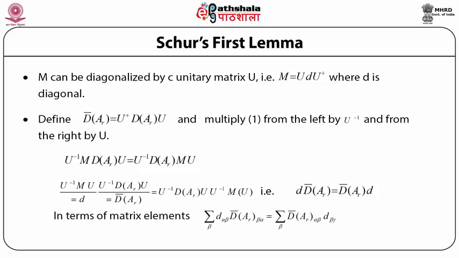Likewise, the right hand side becomes U⁻¹ D(A_R) U U⁻¹ M U, which is nothing but the matrix D bar(A_R) times D. So what have we obtained? We have obtained that the diagonal matrix D also commutes with the D bar matrix. Writing this in terms of the matrix elements, we have the sum over β of D_αβ D bar_βγ equal to the sum over β of D bar_αβ D_βγ.